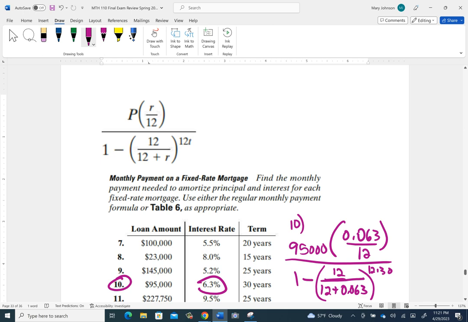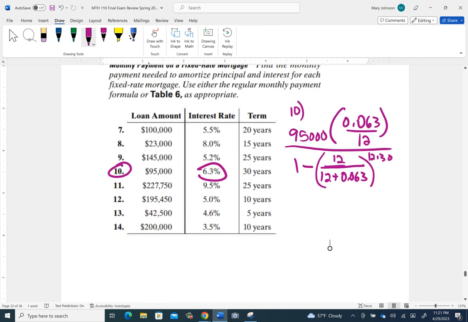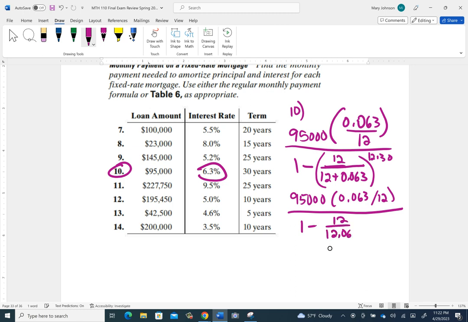Right now, you need to practice typing this in. That's how mine would look, and I can hit enter or not. On mine, I usually hit enter. And then down here, I'm going to clean this up a little bit. That would be 12 over 12.063, and instead of 12 times 30, I'm going to say 360.